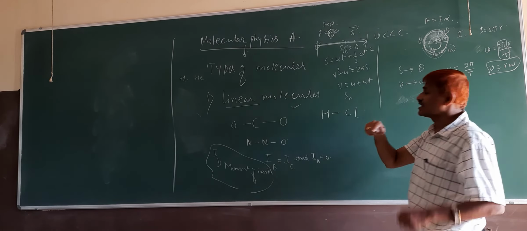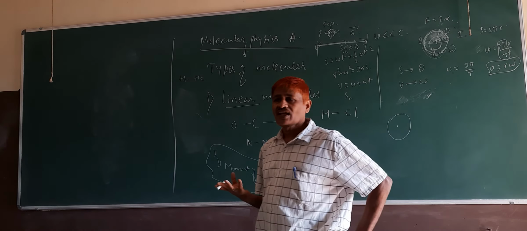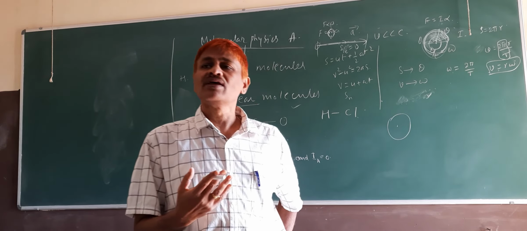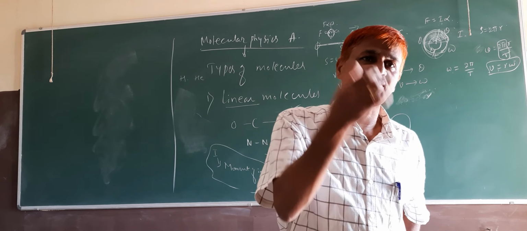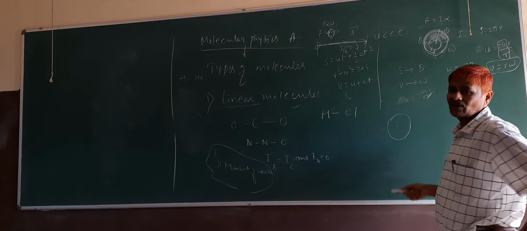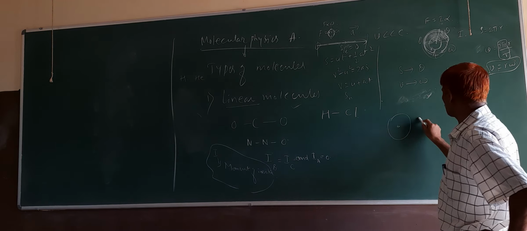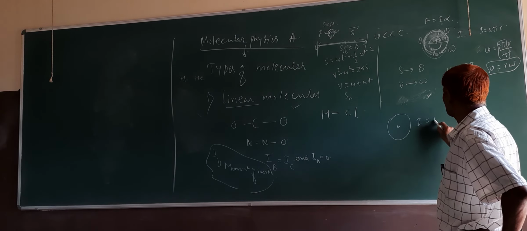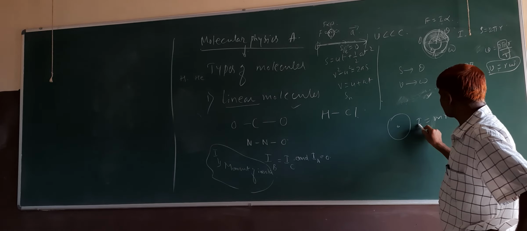We have written this for a circular body in BSc first sem and second sem. You have written so many expressions for moment of inertia for a circular body. Even you have done so many experiments in BSc. I is equal to mr square.